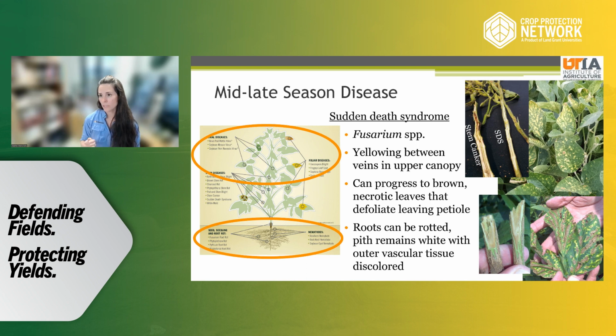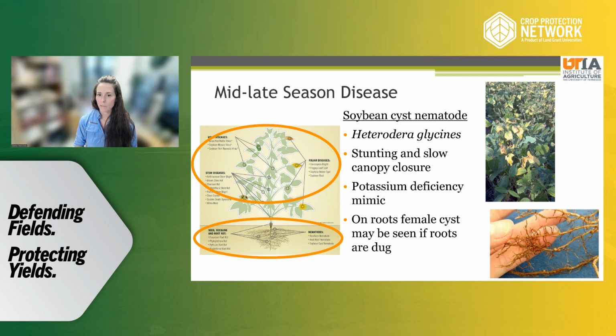So make sure you're looking at that newest growth coming out of the plant. If you're still seeing symptoms on that newest growth, then you're likely dealing with a disease. If the newest growth is clean, you need to go back and see what was put out over that period.